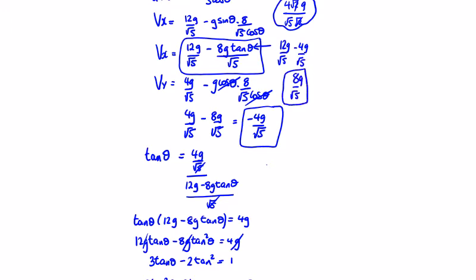So the magnitude, we need to get the square root of 8g over root 5 squared plus 4g over root 5 squared.